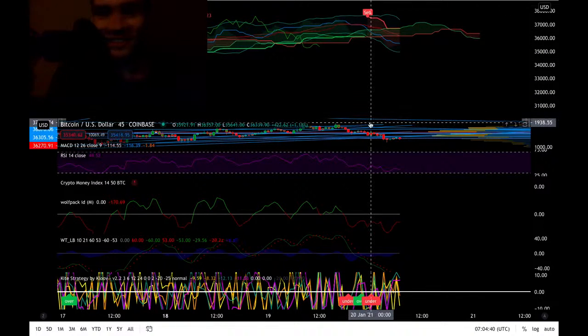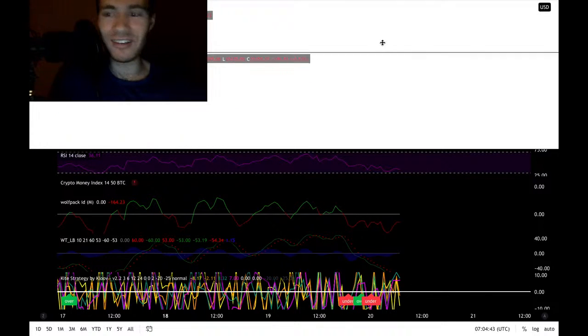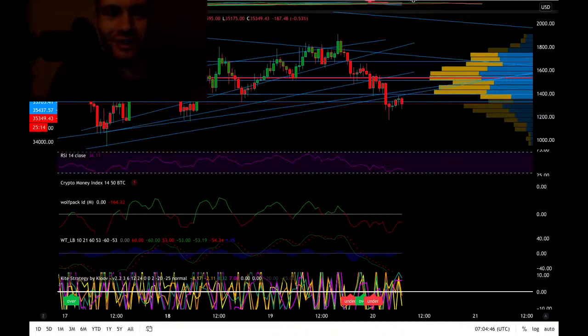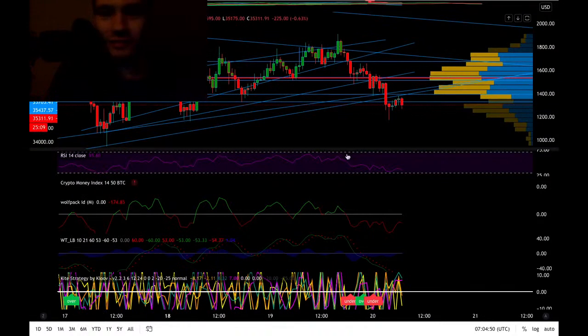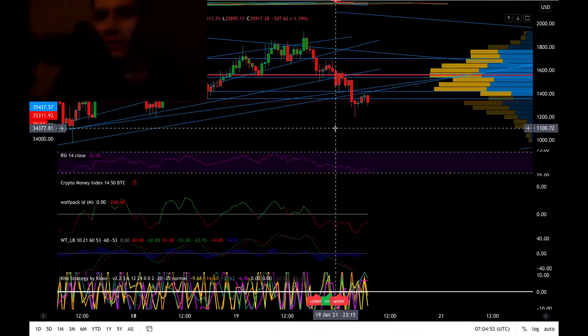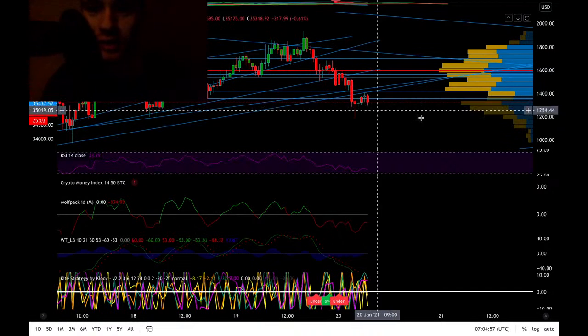Jeez. It just looks like a rainbow mess. That's literally what happened. Oh my gosh. TradingView, you're freaking something else. I knew it was gonna lag, but I didn't think it would lag out of existence.